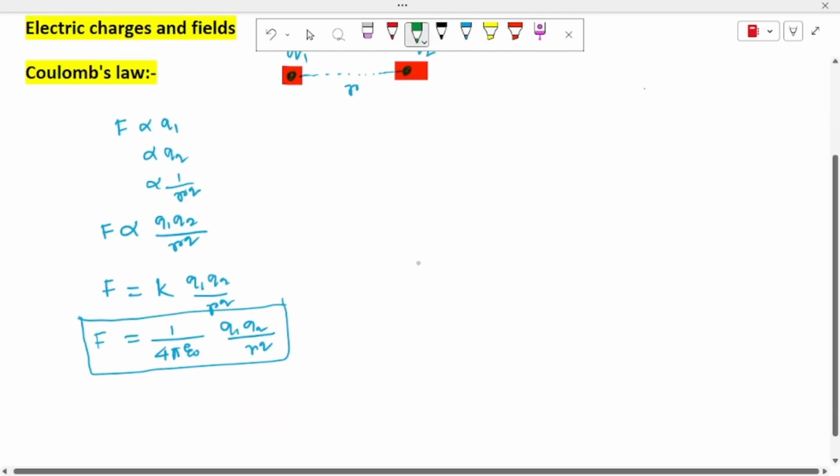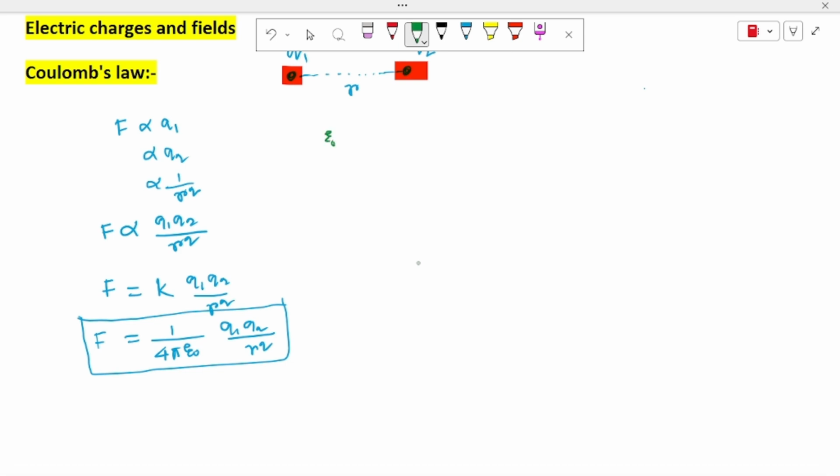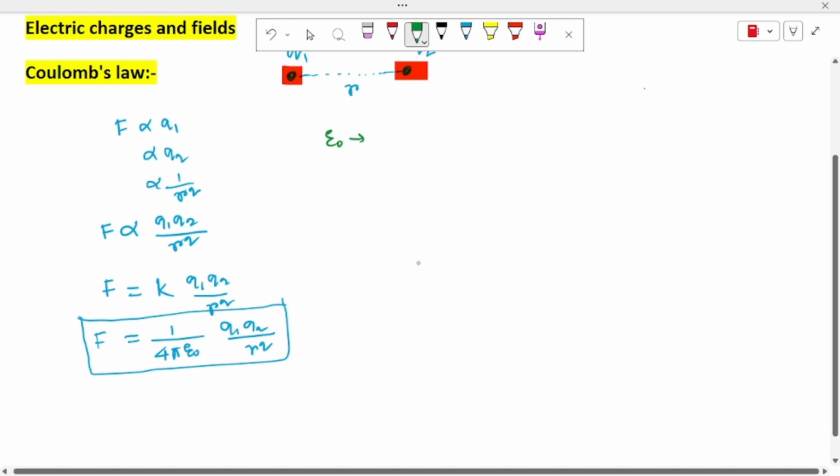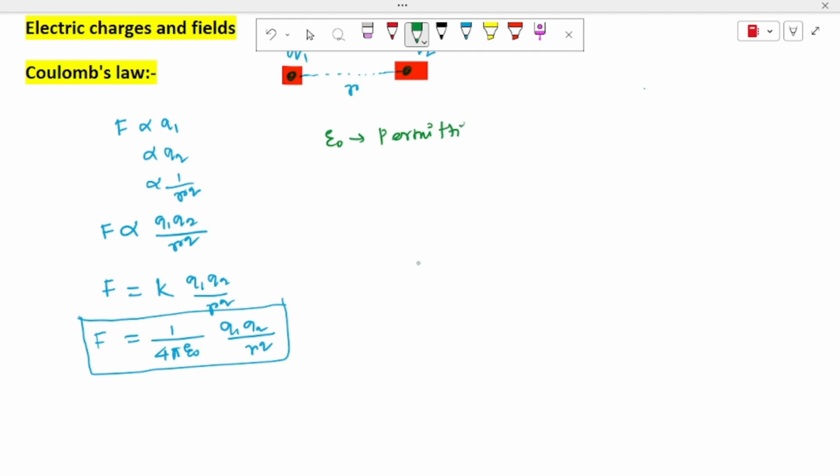where epsilon naught is called the permittivity of free space, or in air.